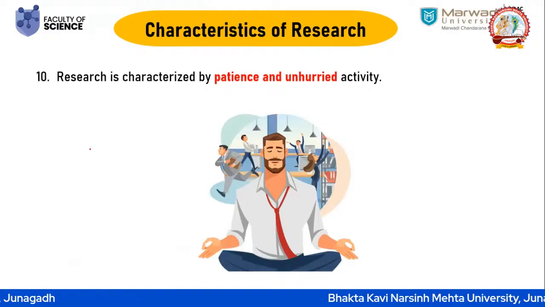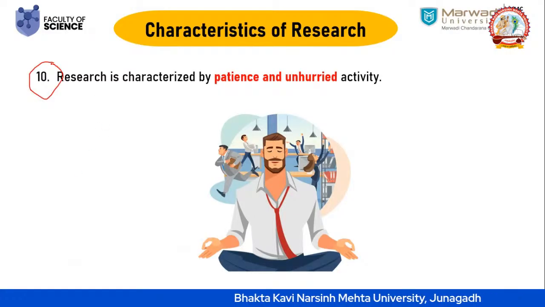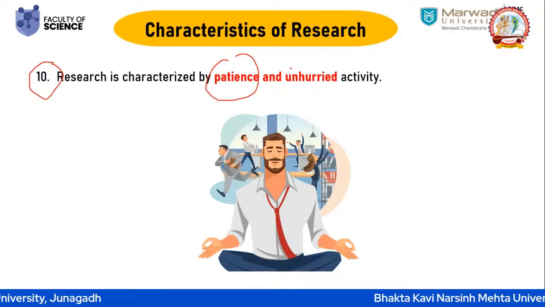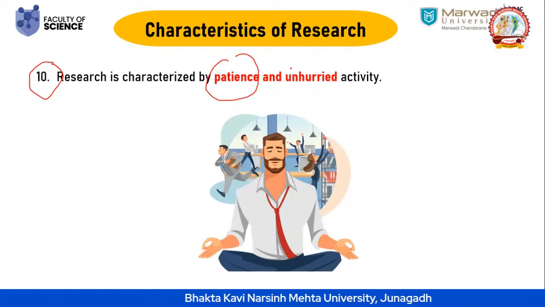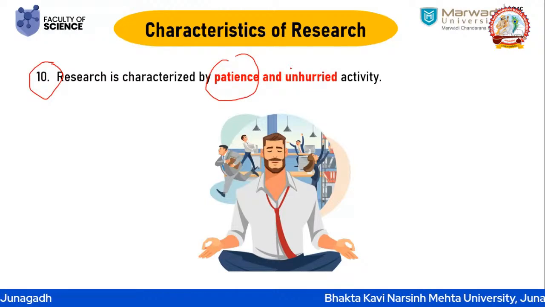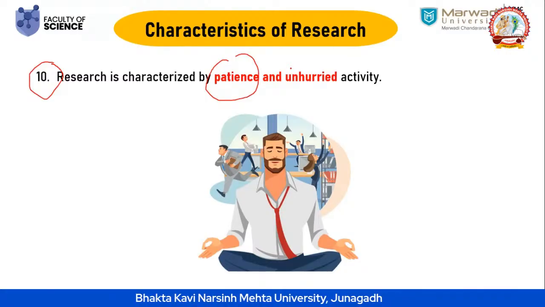Another very important thing for research is patience and unhurried activity. You need to keep patience in that. I also completed my PhD, and during my PhD these things were very important for me. We perform a number of experiments, a number of things during our research, but sometimes the method does not go right.